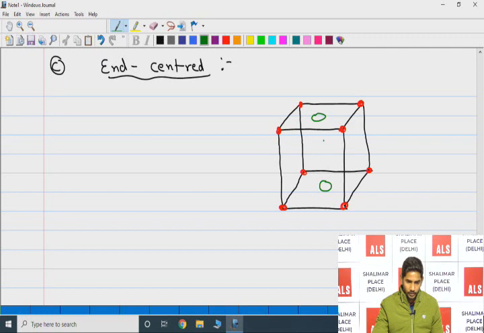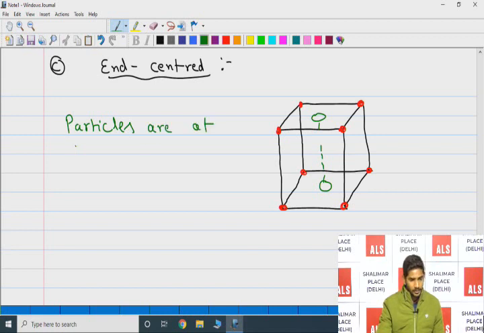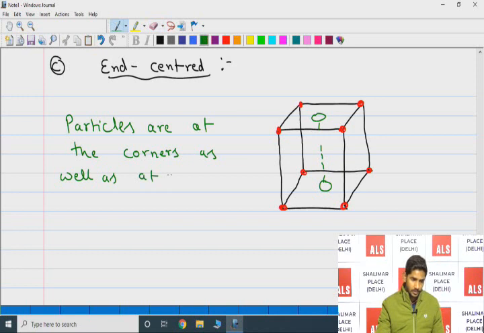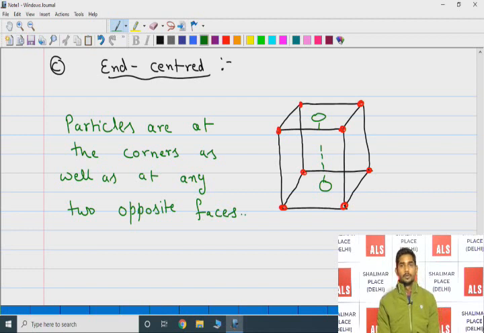So atoms, or particles, are at the corners as well as at any two opposite faces. Copy.